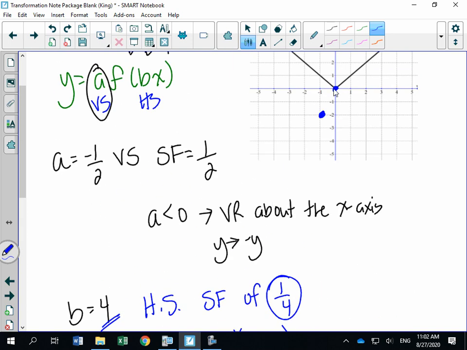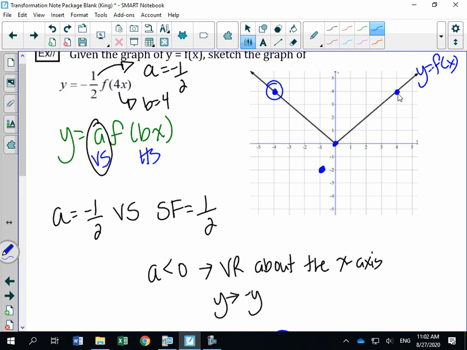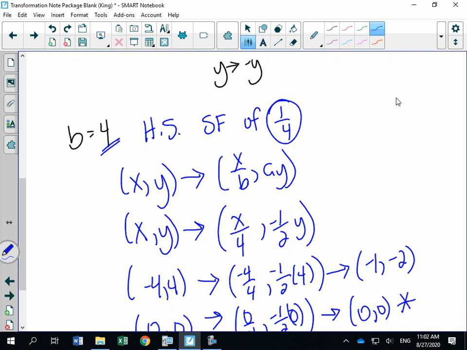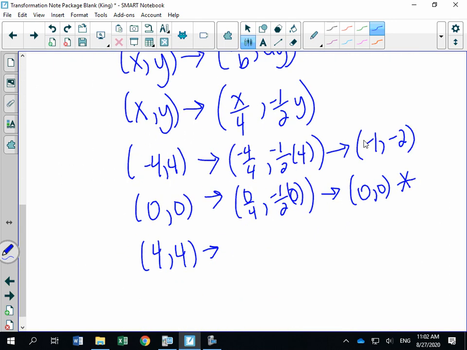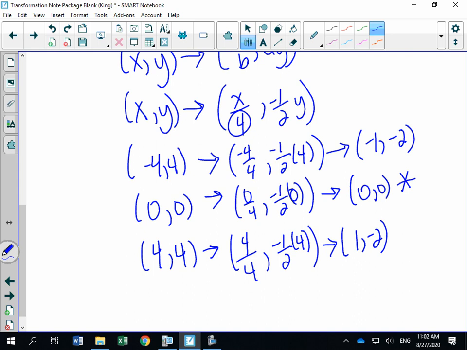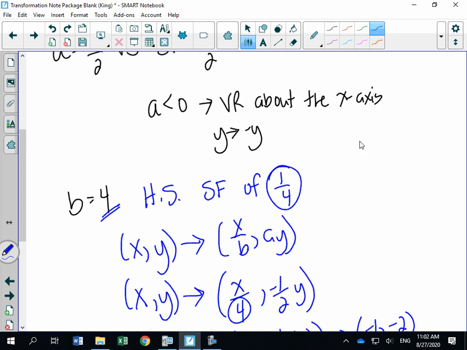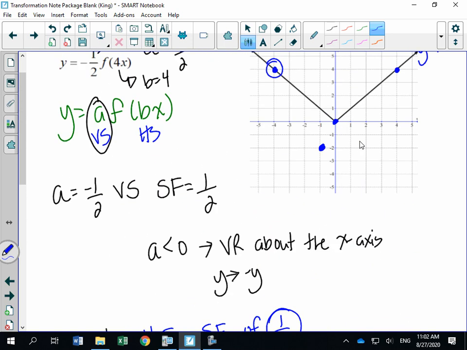So that's already there. And now let's take this guy and see where that point is going to transform to. So 4, 4. Take that x and divide it by 4. Take the y value, which is 4, and multiply it by negative 1/2. And we are going to get 1, negative 2, which is right here.